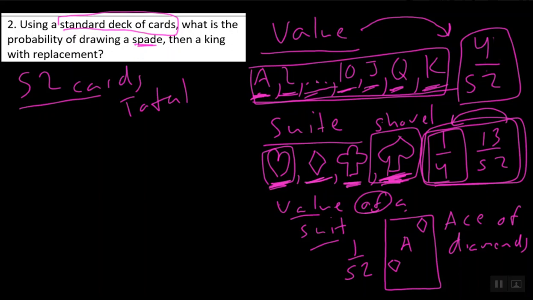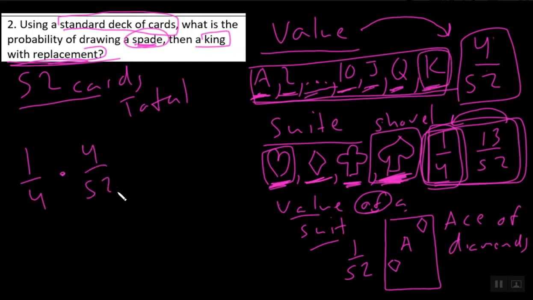Okay, so with all that preamble out of the way, what's the probability of drawing a spade? Well, if it's with replacement, just use the 1 out of 4. There's 1 spade out of all 4 suits, so 1 over 4 times. And then what's the probability of drawing a king? Well, we know that a king is a value, so that's 4 out of 52.